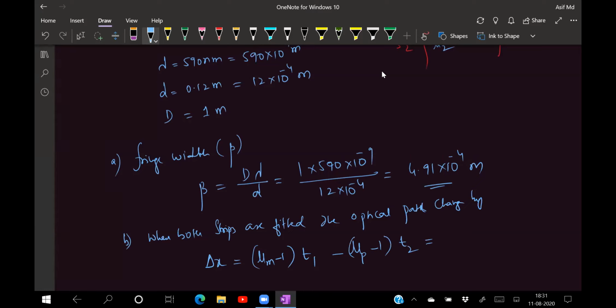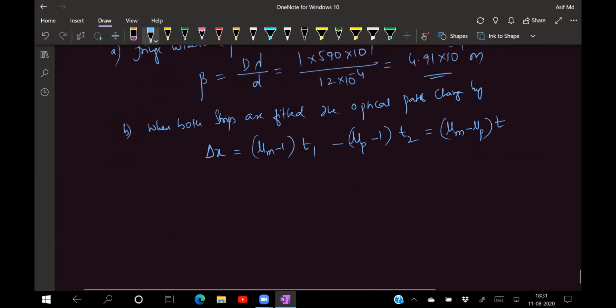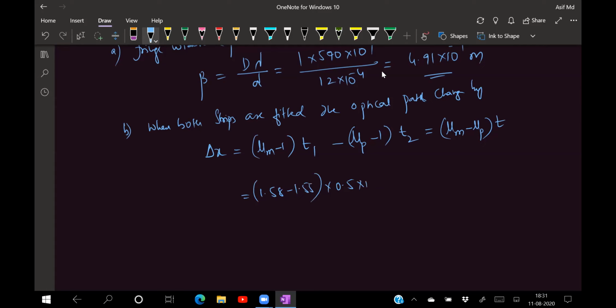And this will become refractive index of mica minus refractive index of polystyrene into thickness T, because both thicknesses are the same in the problem. Okay? So that will come out as 1.58 minus 1.55 into thickness 0.5 into 10 to the power of minus 3. So that comes out as 0.015 into 10 to the power of minus 3 meters. That will be the delta x.